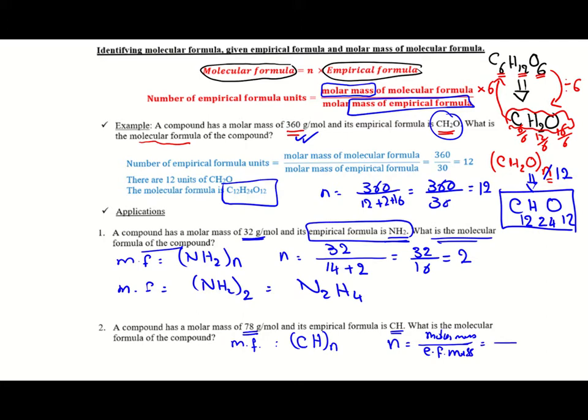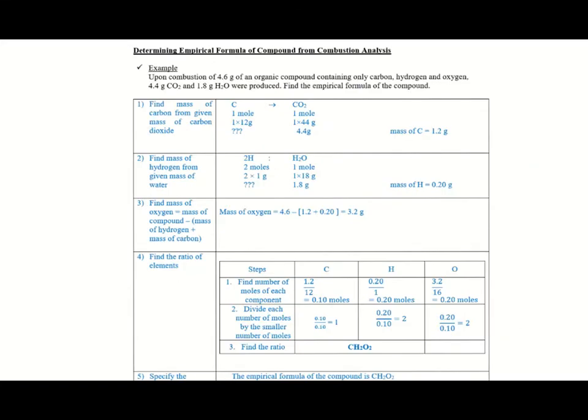Molar mass is 78. Empirical formula mass, the mass of CH: C is 12 and H is 1, so 78 over 13 equals 6. So molecular formula equals CH times 6, which means C6H6.